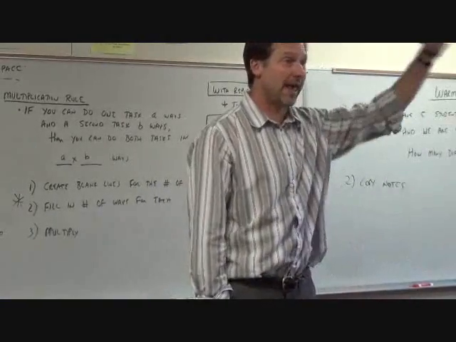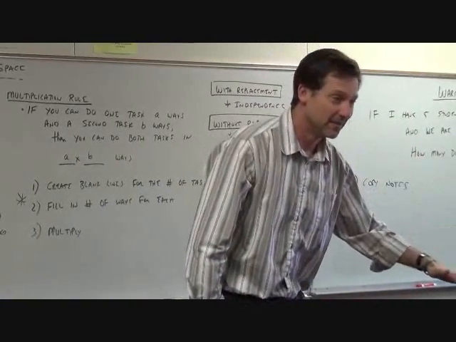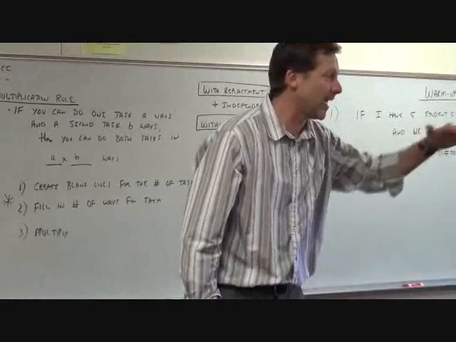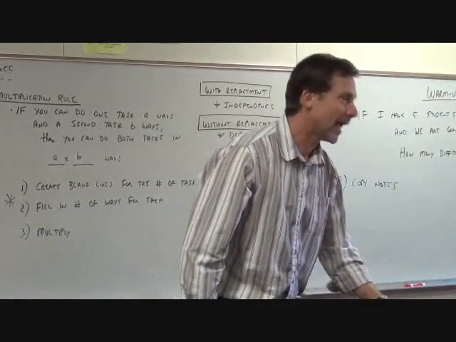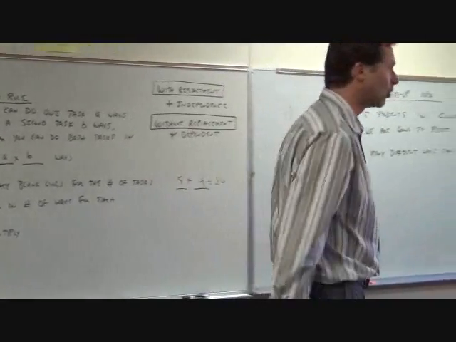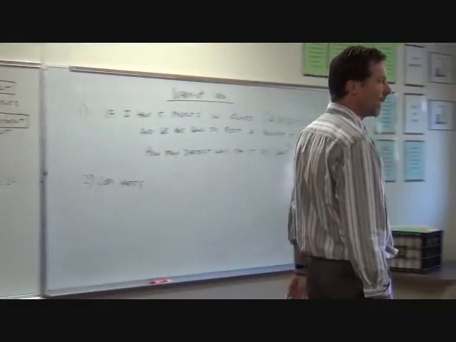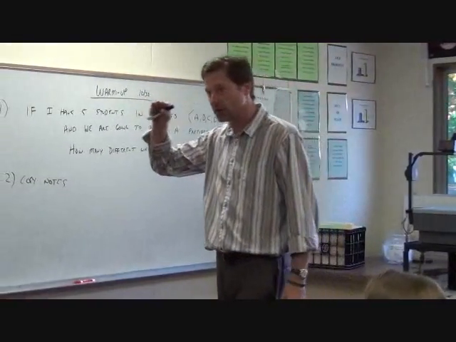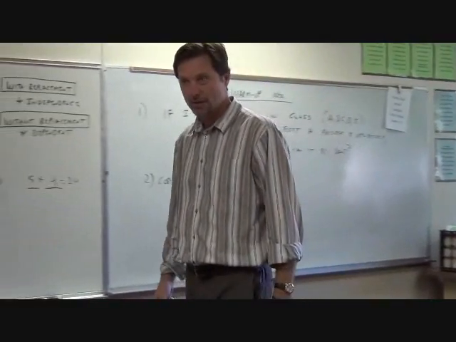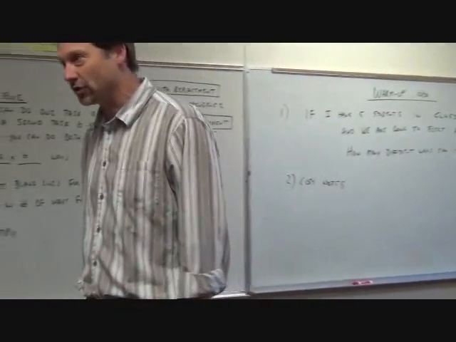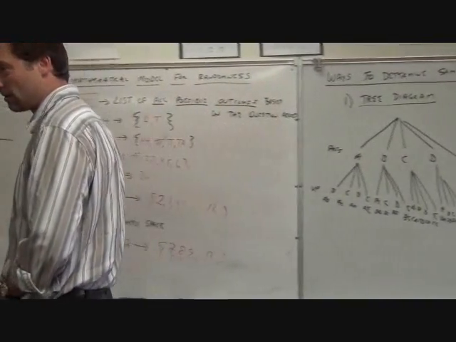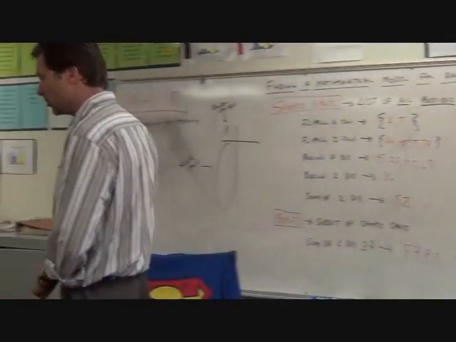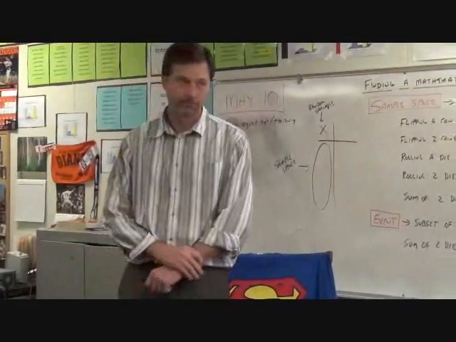I guess one of them could be all A. Another one could be all B. How many different tests, total tests, could there possibly be? Use the multiplication rule. So the first thing I want you to do is draw your dashes. Then go to each dash and write in how many options you have there. And then go calculate it. Use your calculator and go figure out what that is.